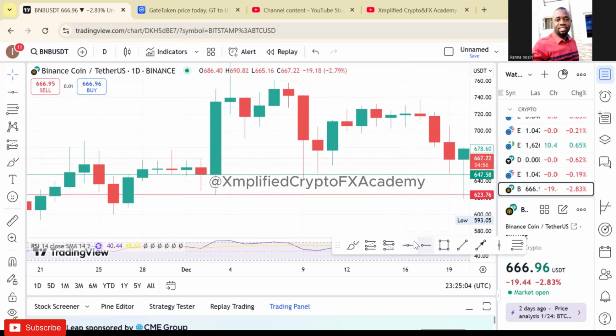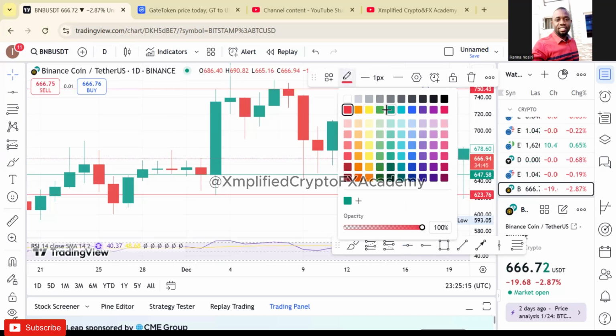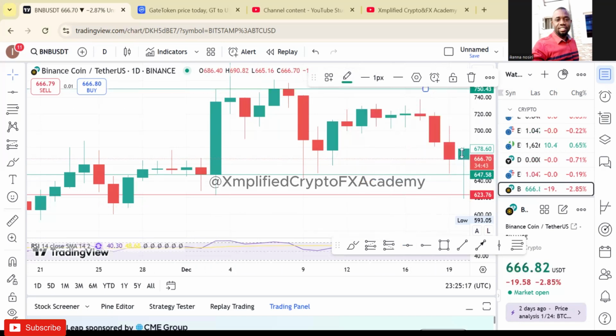Then they bought it to this point. Let me use a green line for it. It is 750. It got to 750 from 623, but the market opened here.